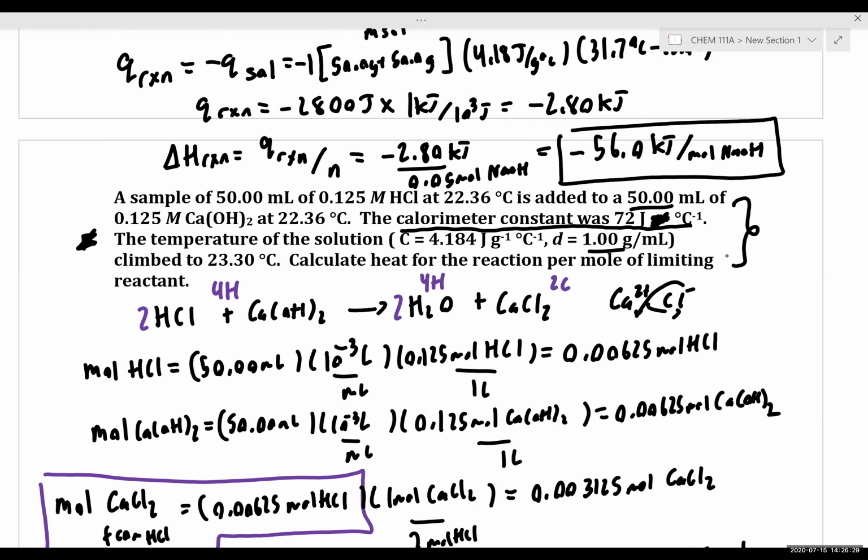All you have to do is fill in the numbers. And we'll discuss this example in about another 4 to 5 minutes.